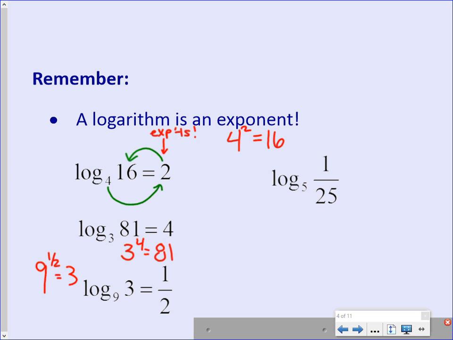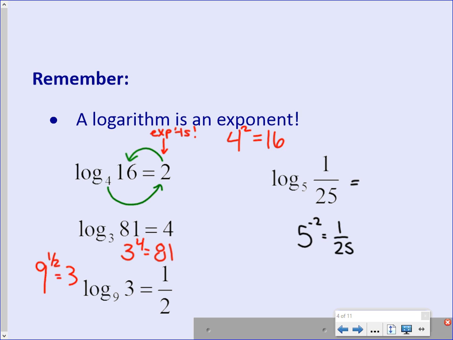Do we have a confident answer? McKenna, what did you guys say? Okay, so you're thinking about, in order to evaluate a log, I love this, you're thinking about it in exponential form. So you're thinking 5 to what exponent equals 1/25th?